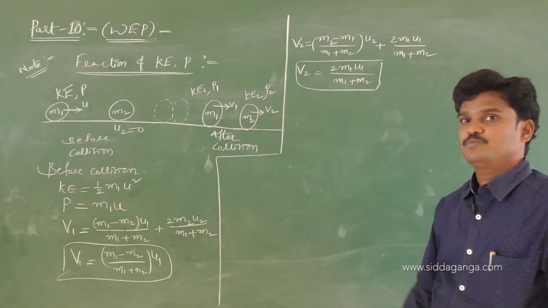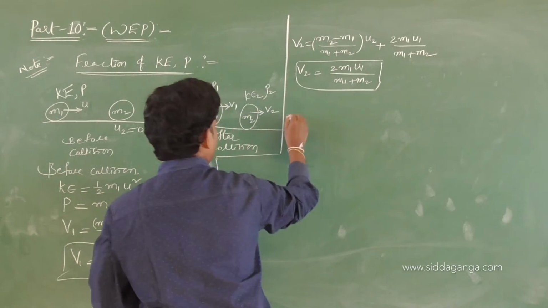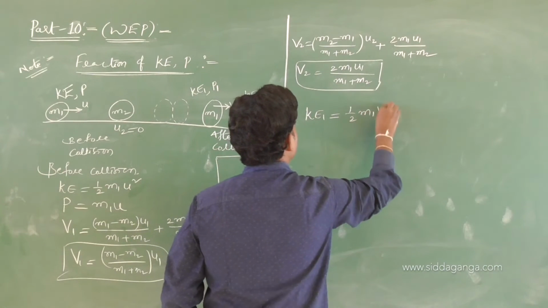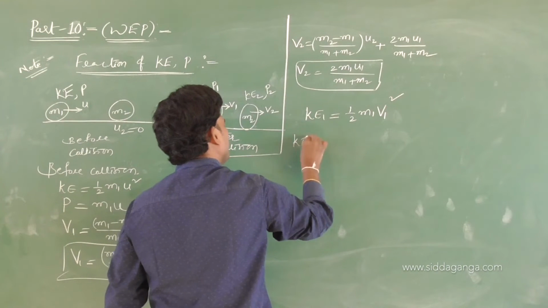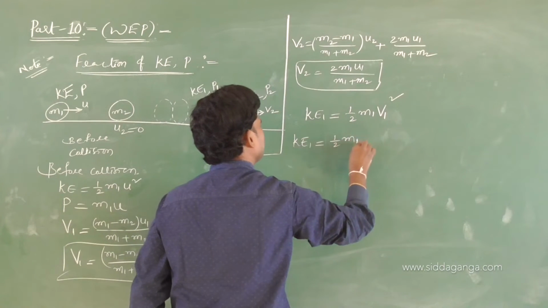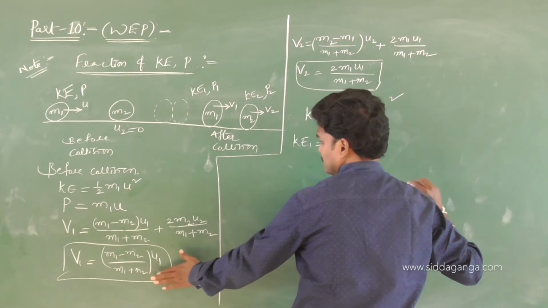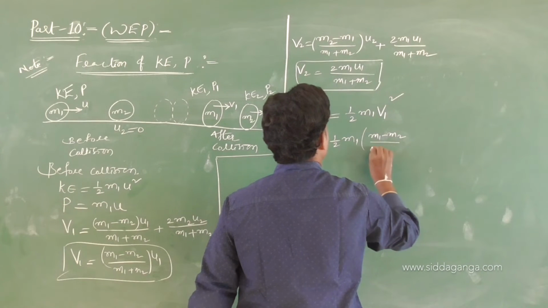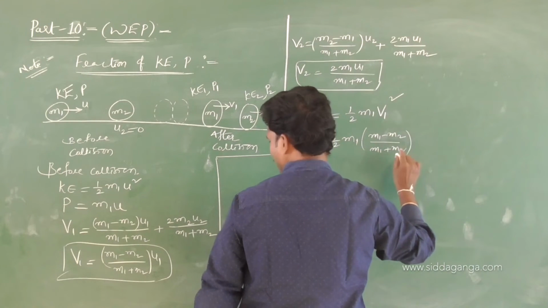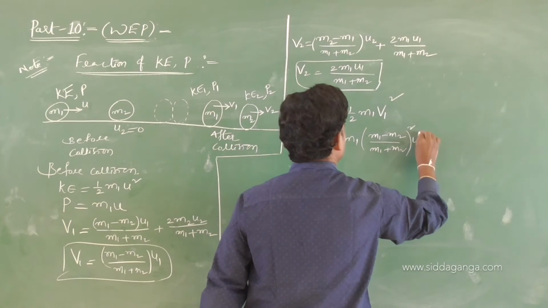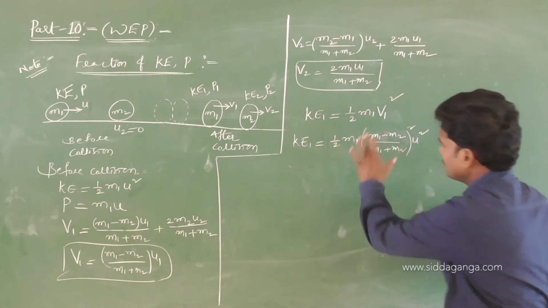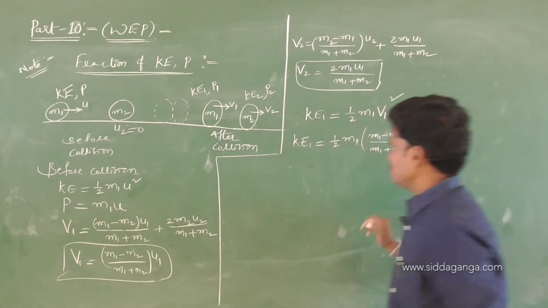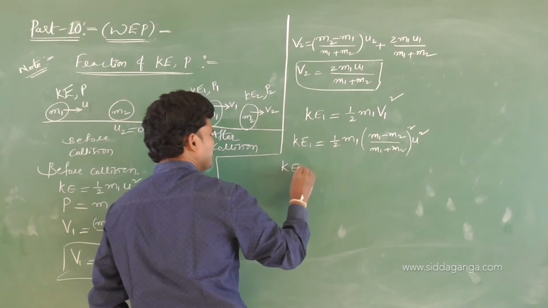So KE1 is half m1 into v1 squared, and v1 is m1 minus m2 by m1 plus m2 into u, all squared.